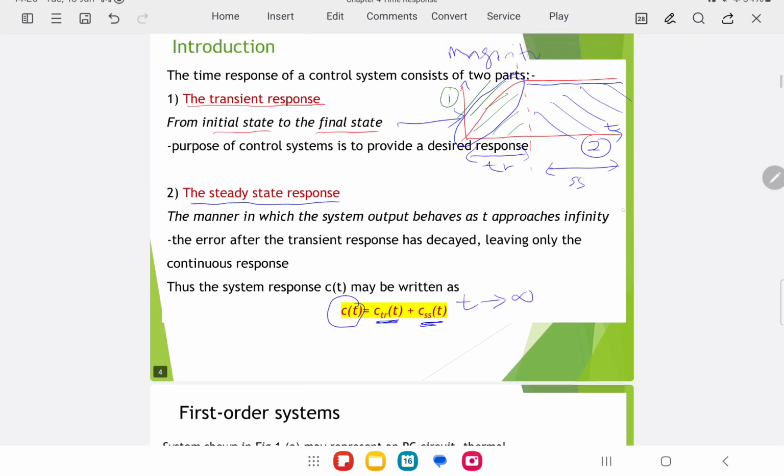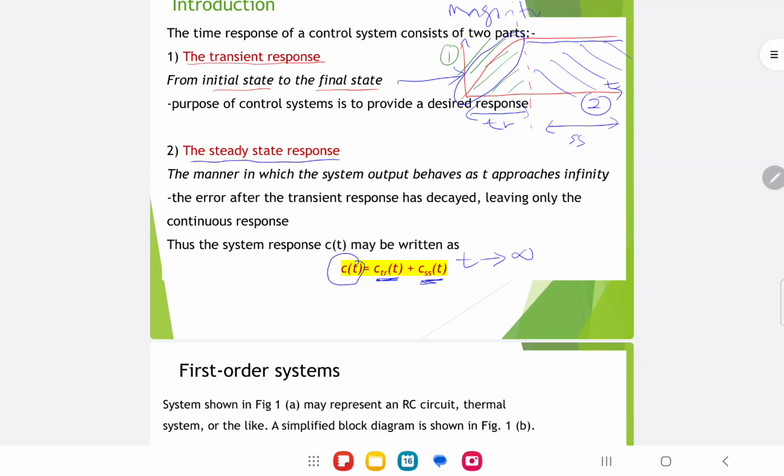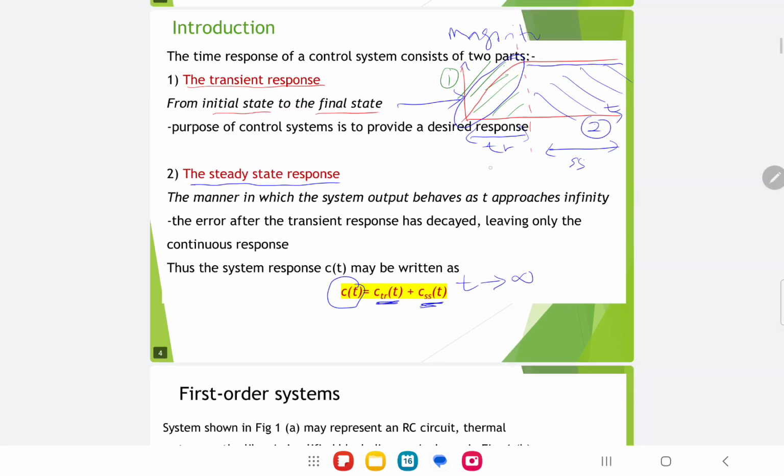Alright. Contohnya kalau kita ada motor speed, okay, sebelum you start motor, contohnya kita dah set nak 60 revolution per minute kan. So when we set nak capai 60 tu, dia akan naik dulu from 0, 20, 30, 40 sampai ke 60. So from 0 to 60 tu is the TR, transient response.